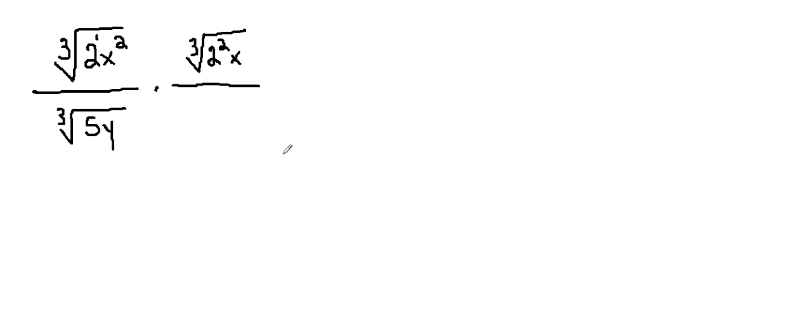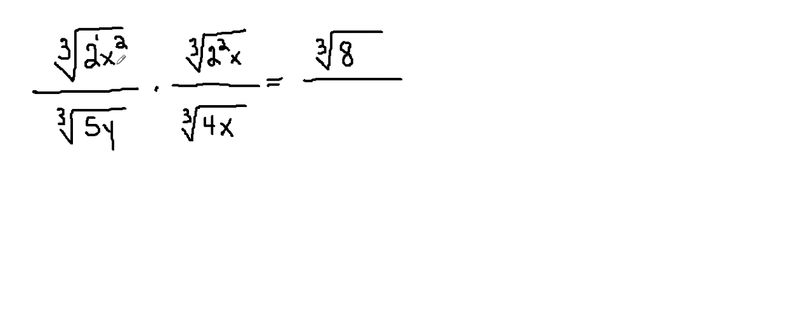Okay, take a good look at that, what we're doing. And then what I do to the top, I have to do to the bottom. Same thing, so it's the cube root of 4x, I'll call it. And let's see what we end up with. Alright, so now it's the numerator we are rationalizing, so I've got a cube root of 2 times 2 squared is 8, and x squared times x is x to the third.